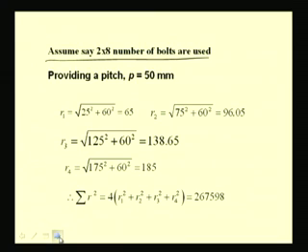Now, as in earlier cases, we have used 2 rows with 8 rivets in each row. So, let us use the same: 2 rows, and 8 bolts will be used, and similarly we will provide pitch as 2.5D, that means 50 mm.